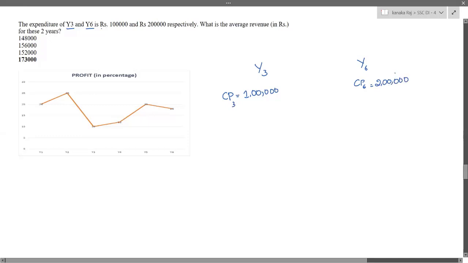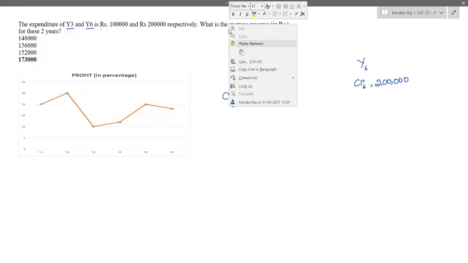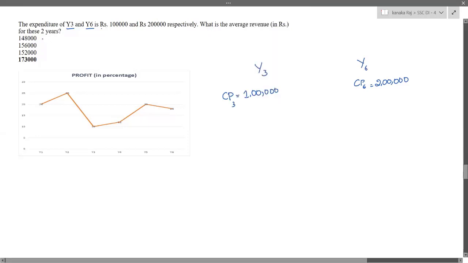Now they're asking us to find the average revenue. What is revenue? Revenue meaning selling price for both these years. So what is average? Sum of both the observations, that is the sum of selling prices, or revenue. Selling price for third year plus selling price for sixth year divided by 2.